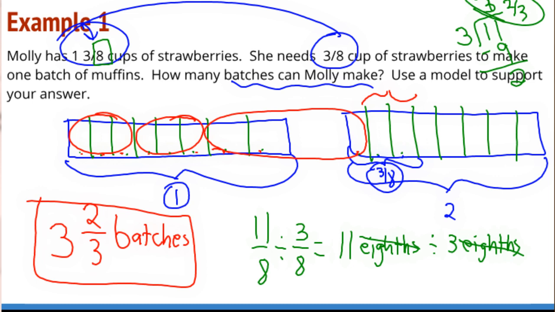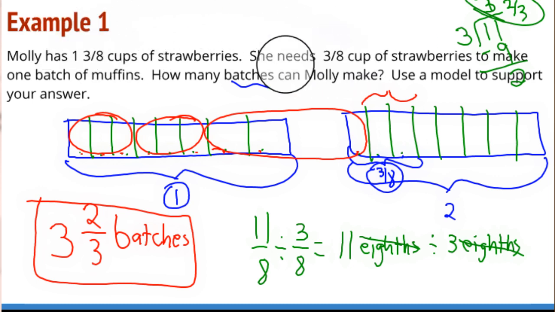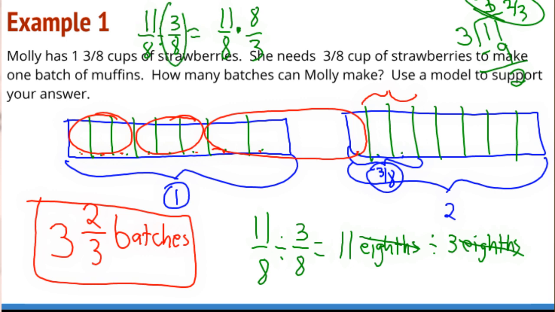Now the last connection is the multiplication connection. 11 eighths divided by 3/8, and we've been playing with this multiplication connection here. We've been taking this divisor and flipping it over so that our eighths will cancel, and I'm left with 11 divided by 3, which gives me 3 2/3.